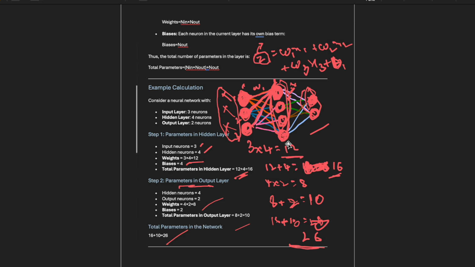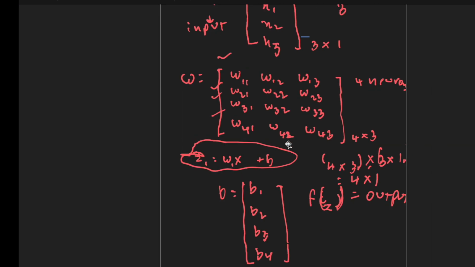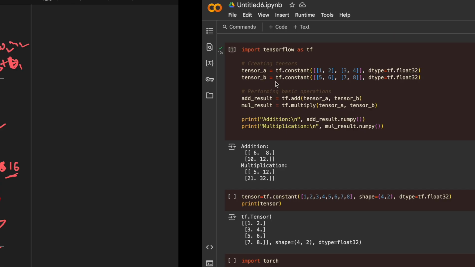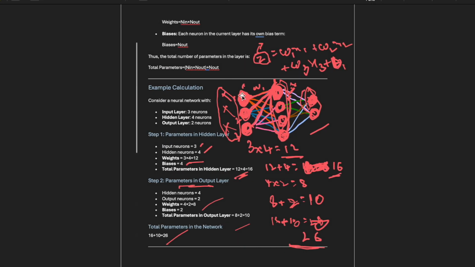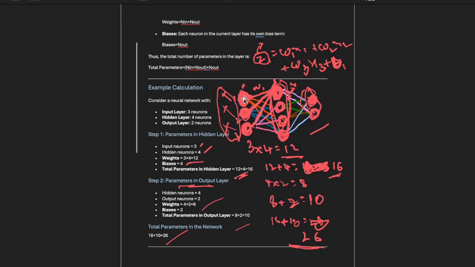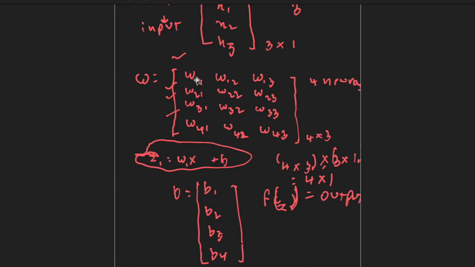So we can say, for W11, W12, W13: for this neuron, W11 is coming from the first input neuron, then W12 is coming from here, and W13. So for this, we will be getting W11x1, W12x2, and W13x3. We will get that in matrix multiplication, and similarly for the other neurons, and then the bias term will be added accordingly.